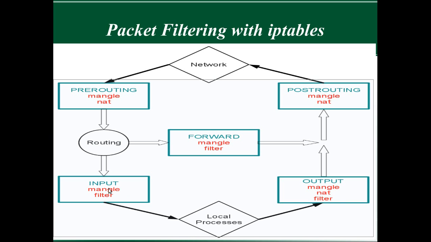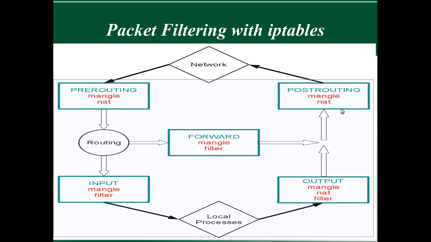So to recall, input chain means any traffic coming from anywhere to the firewall. Output chain, any traffic originating from the firewall and going out. Pre-routing, any packet coming from the internet as soon as it enters the NIC, and before the routing decision is made, goes through the pre-routing chain. And here we generally do destination network address translation, or DNAT, because the routing decision is not yet made till the packet reaches this pre-routing chain.